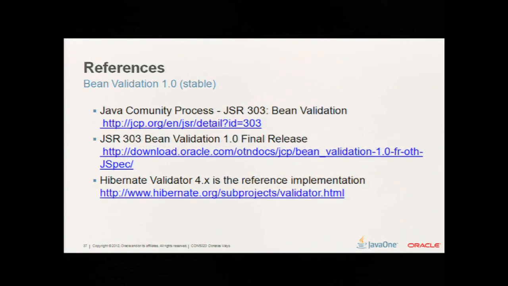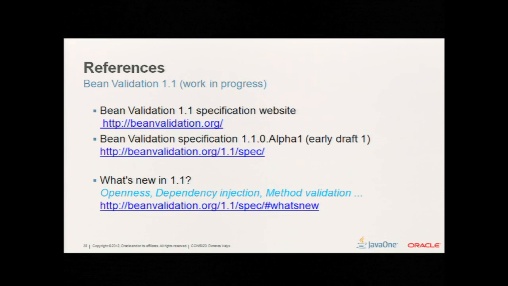Yeah, the current state is Bean Validation 1.0 final release. It's in production, and the new one is Bean Validation 1.1. It's work in progress, and the current state is 1.1 alpha 1, early draft available, and it's open. So if somebody would like to participate, just visit the website.